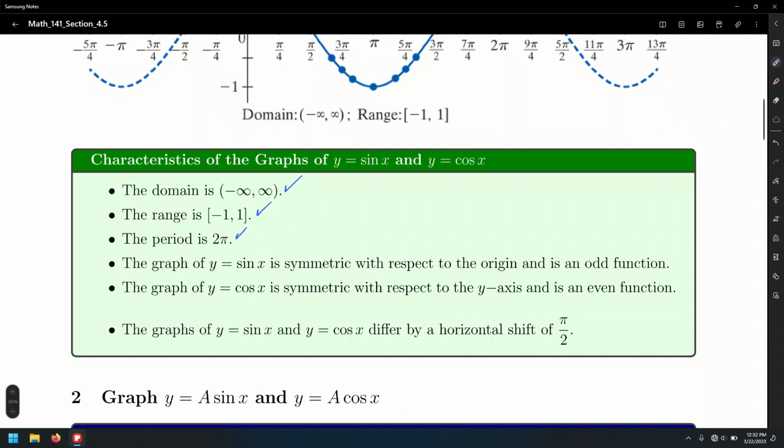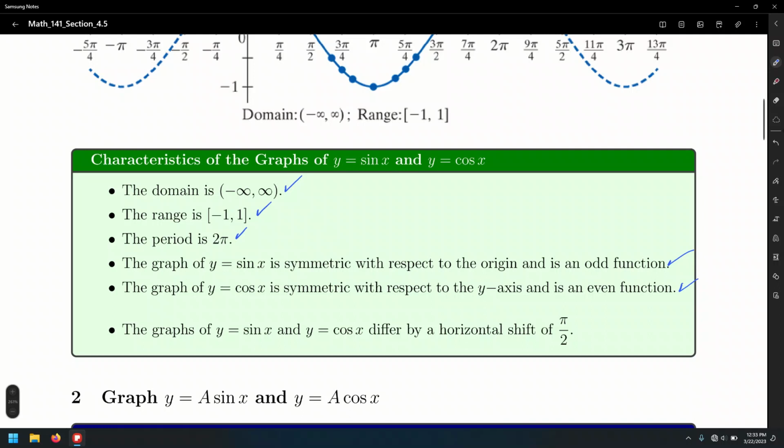Now, here's where we see the differences. The first 3 points are the characteristics they both share. That is the domain, the range, and the period. However, the graphs right here, the sine function is symmetric with respect to the origin, and that makes it an odd function, as opposed to the cosine function, which is symmetric about the y-axis, which makes it an even function.